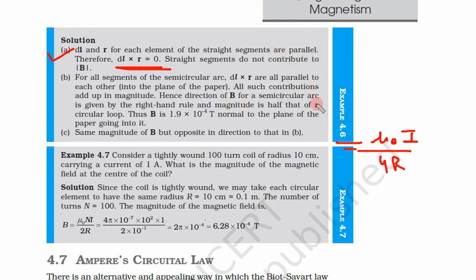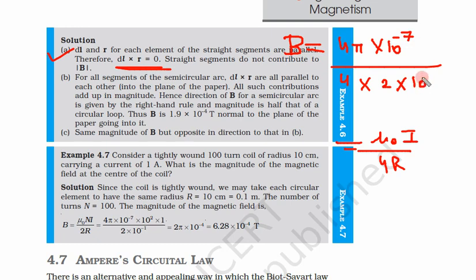So let us put the values. Magnetic field B is equal to mu naught, which is 4 pi into 10 to power minus 7, with 4 in the denominator. The radius is 2 centimeter, so let us change centimeter into meter. The current was 12 ampere.